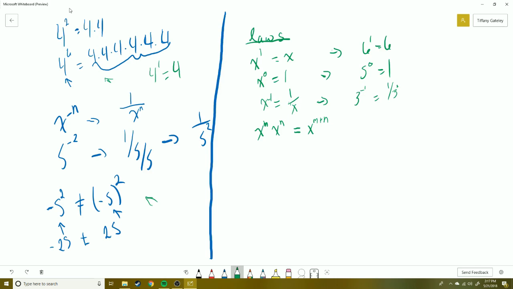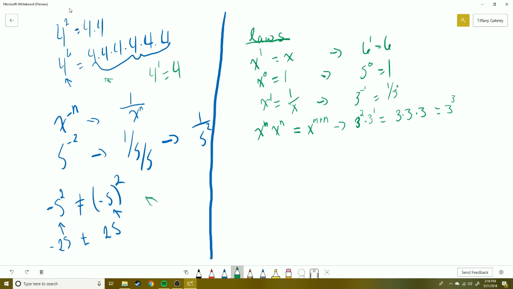And the reason this works is, I'm going to explain it, if you have 3 squared times 3 to the 1, if you rewrite it, it's 3 times 3 times 3, and that is 3 cubed, which is 2 plus 1. And that works for any exponent as long as your bases are the same.